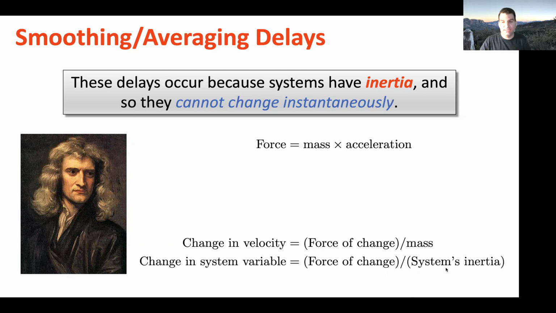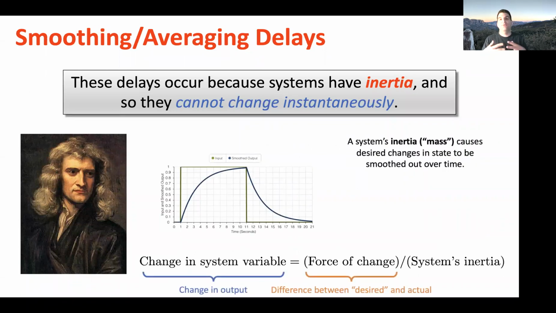But in the case of our systems, the inertia might come from other things. And so we won't characterize them by mass, but we'll characterize them by time, which will be how sluggish things are, how quickly our applied forces actually lead to a realized change in the system.